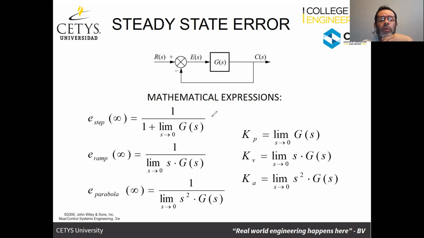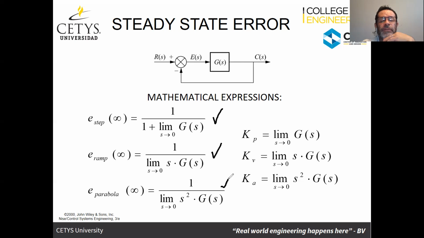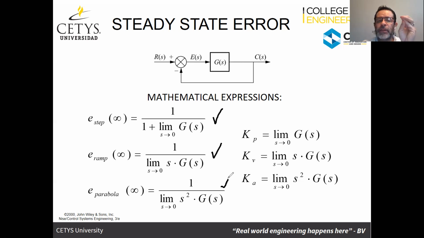If we have that, we can find the steady state errors for each of the typical types of inputs that represent a fixed value, a moving value with constant movement, or a value that has constant acceleration.